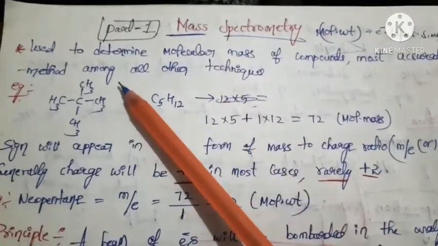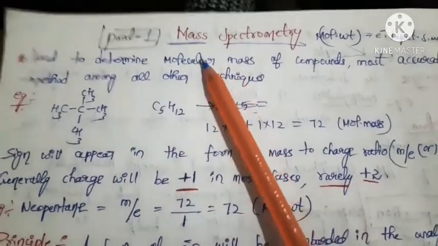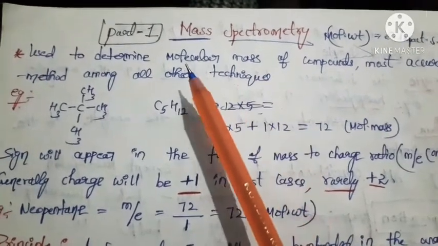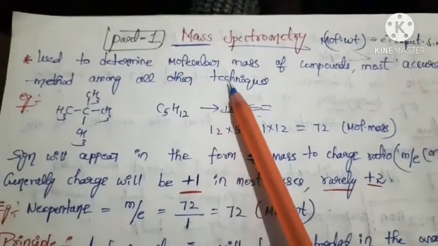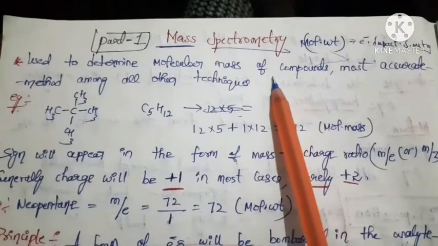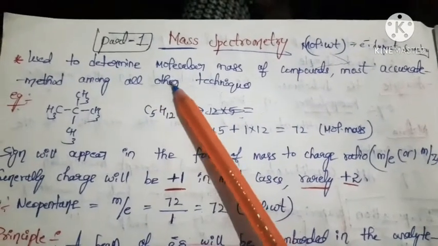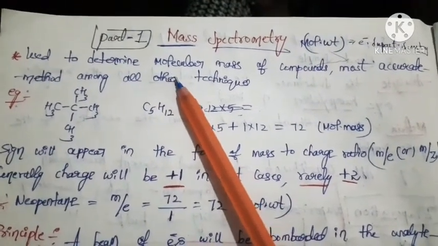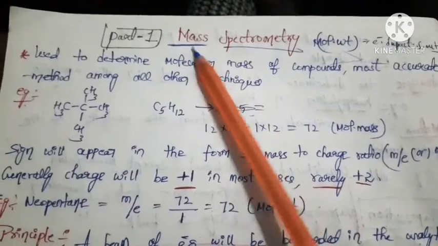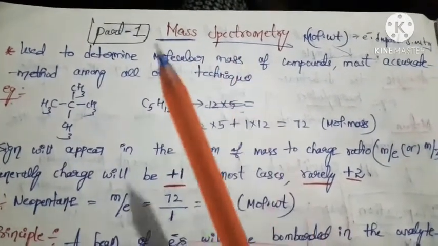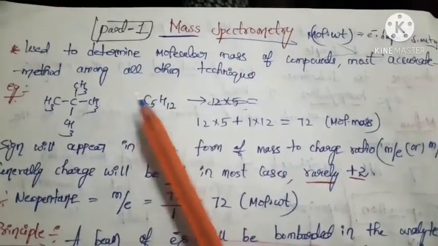This mass spectrometry is used to determine the molecular weight of compounds, and really this mass spectrometry is the most accurate method among all other techniques.